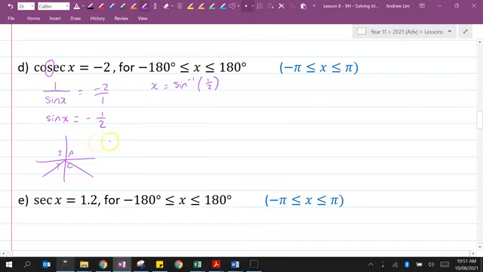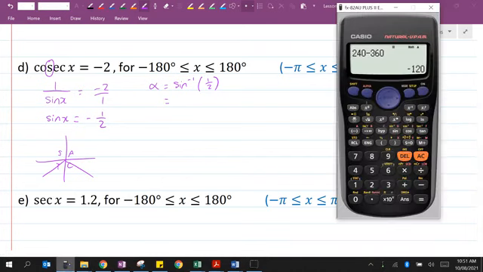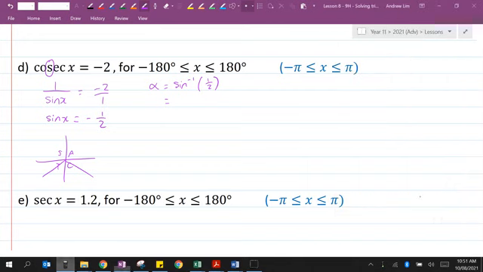But because the reference angle is this bit here, I don't want to call it x, I'm just going to call it something else. I'll call it alpha. Alpha for the reference angle. So we're going to do inverse sine of half is 30 degrees.